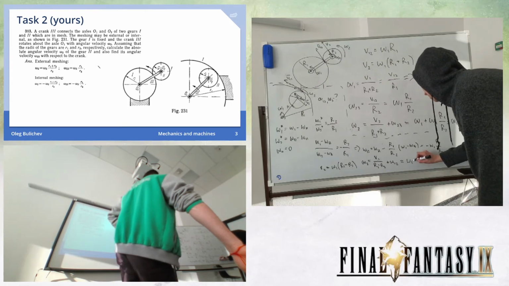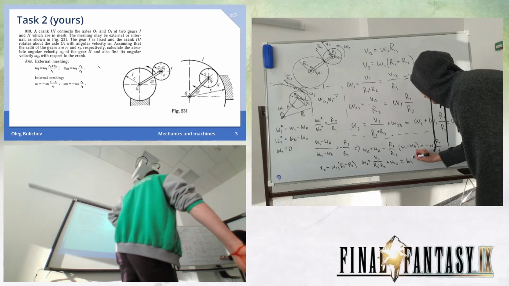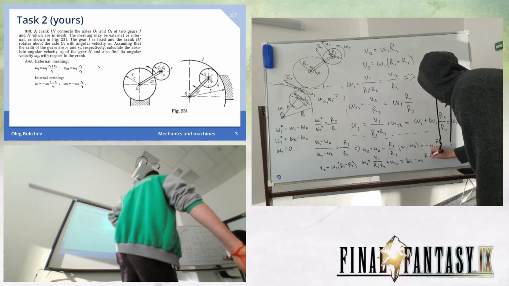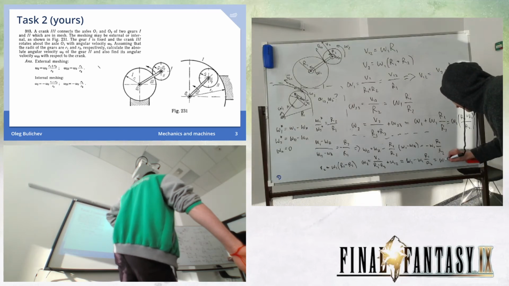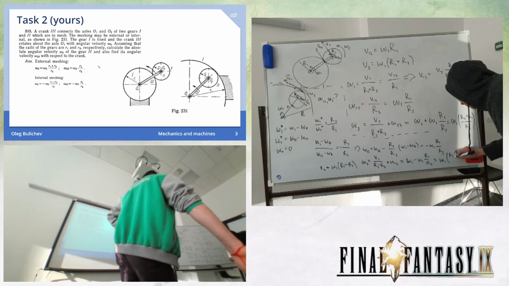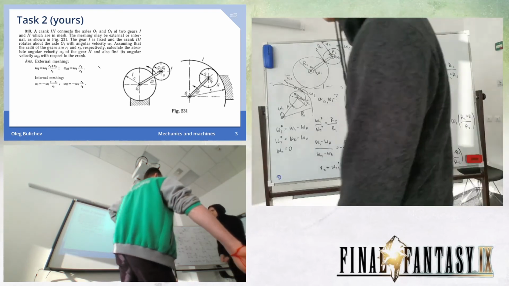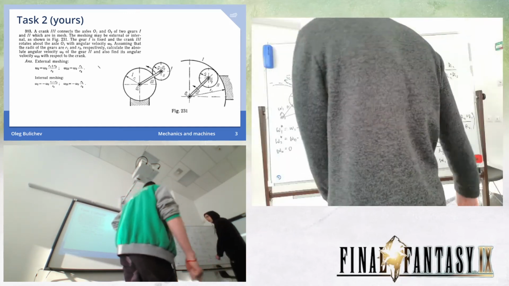Ah, I see. Just one. Minus V1 and 1 or 2 equals 1, 2 minus 1, divided by, yes. So it's correct. What did you miss? No, it's not correct.